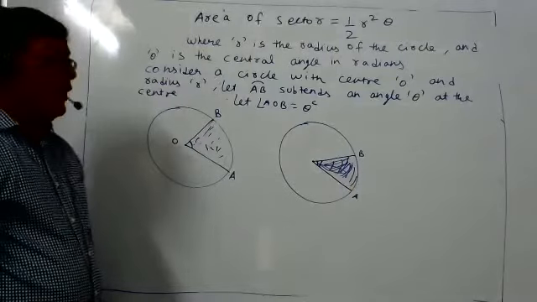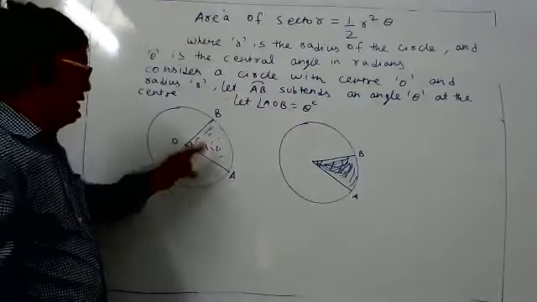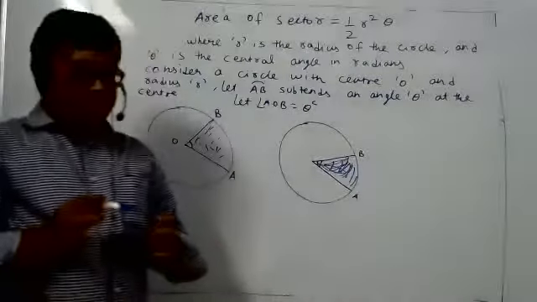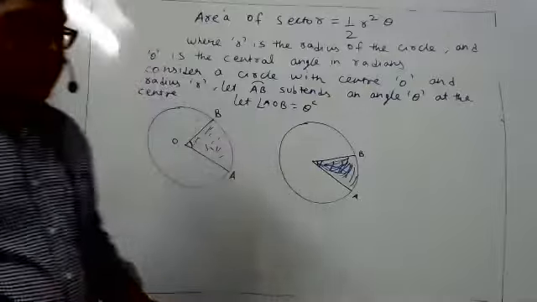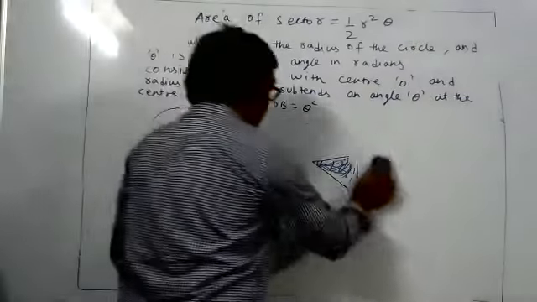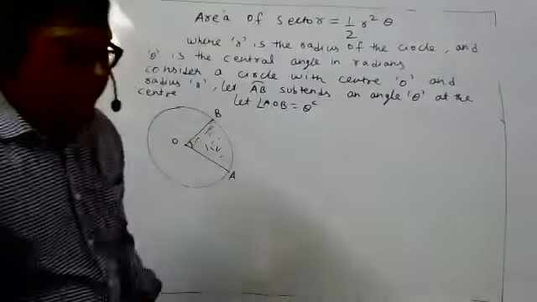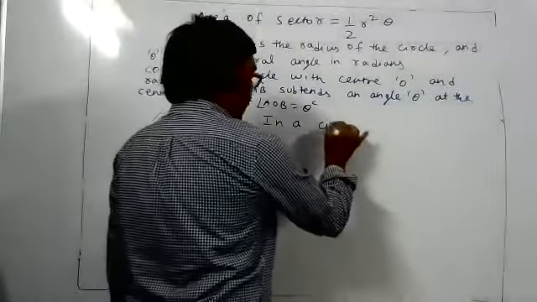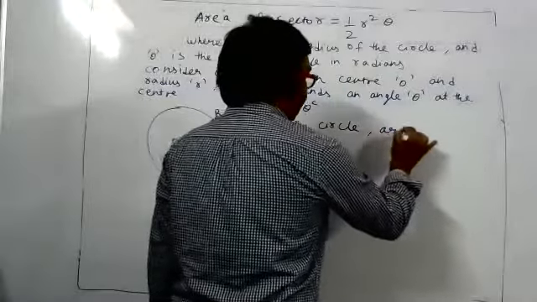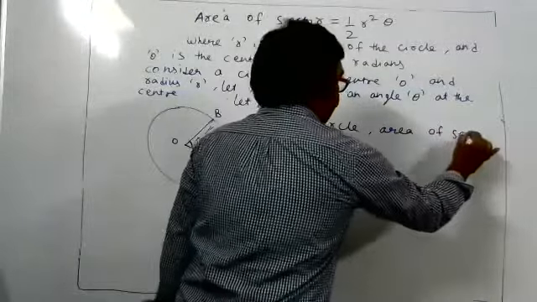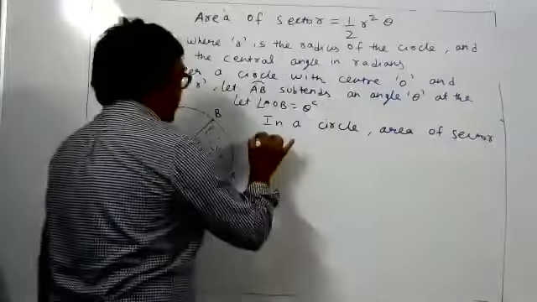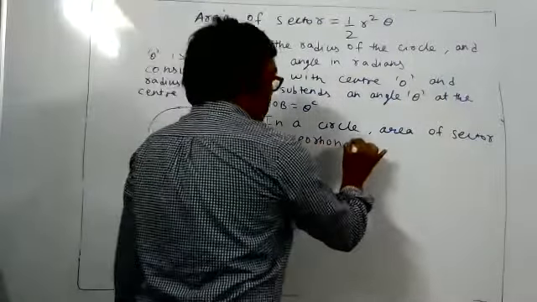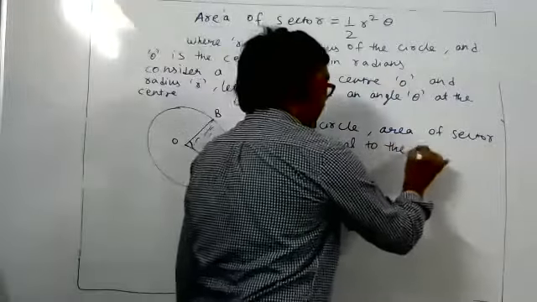Yes, sir. All of you participate. If area of sector increases, the central angle also increases. If area of sector decreases, then the central angle also decreases. So in the same way we can say that in a circle, area of sector is proportional to the central angle.